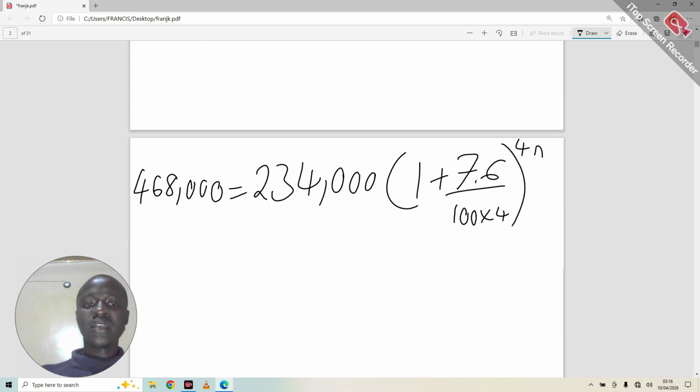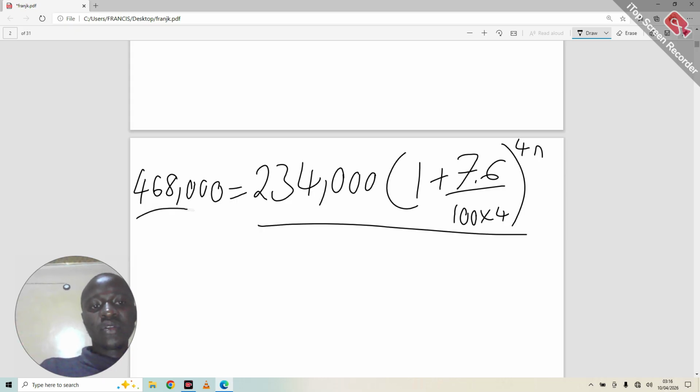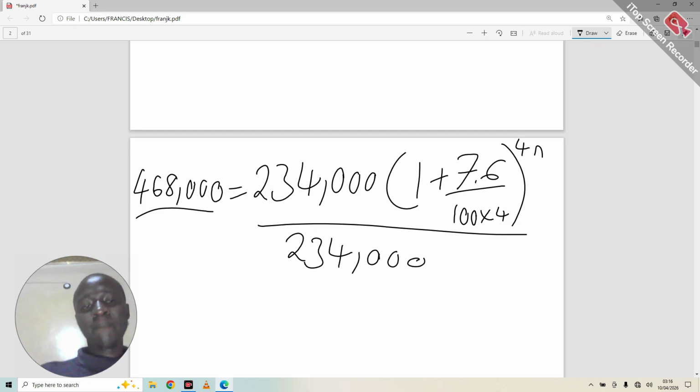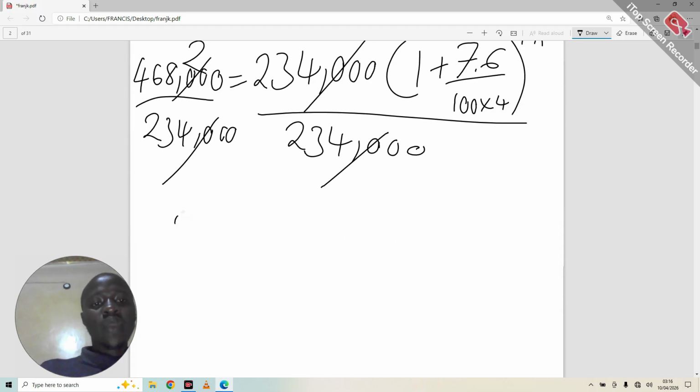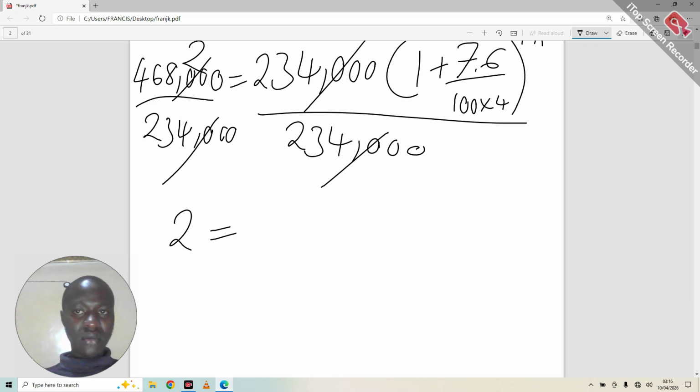Alright guys. So let's simplify. Divide by 234,000. Divide by 234,000. So this cancels this, this cancels this. How many times, guys? 2. So we have 2 equals, then work out the sum in the bracket.